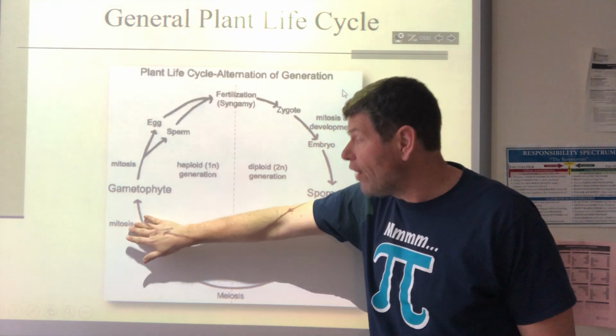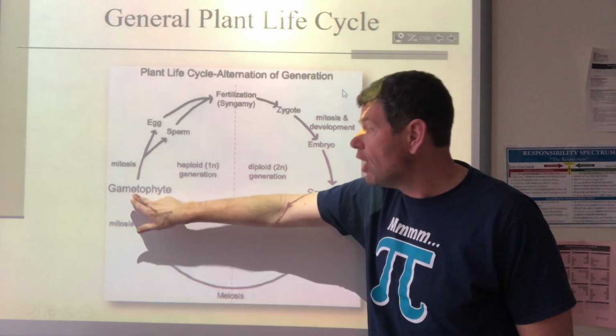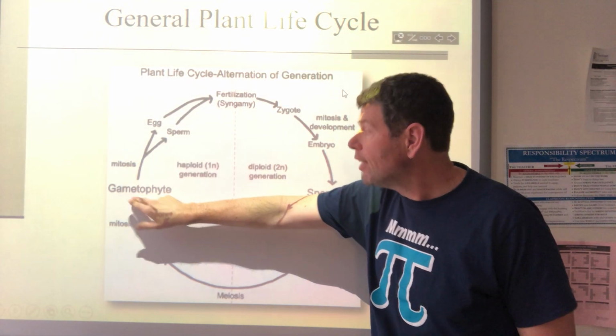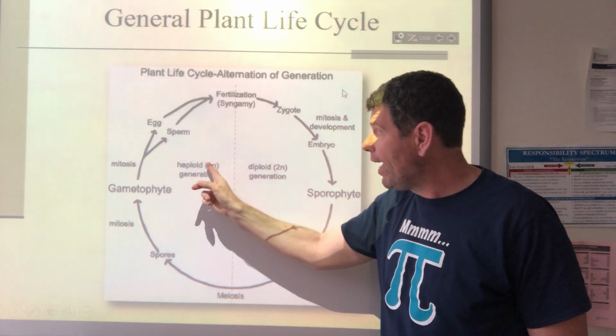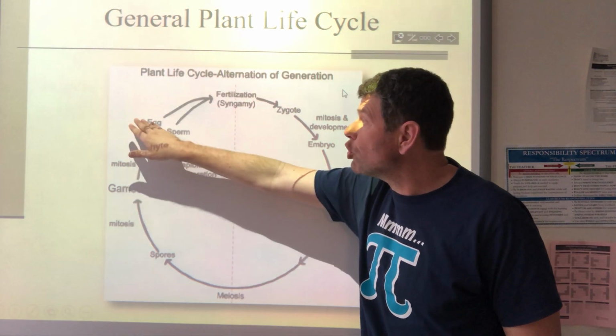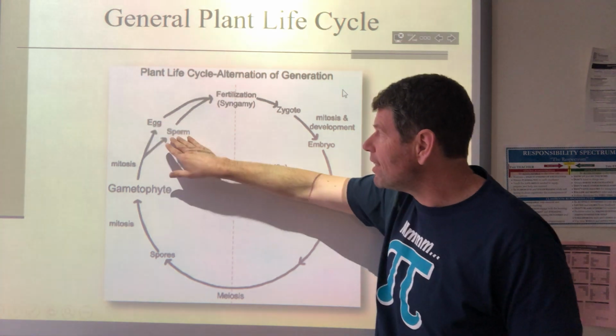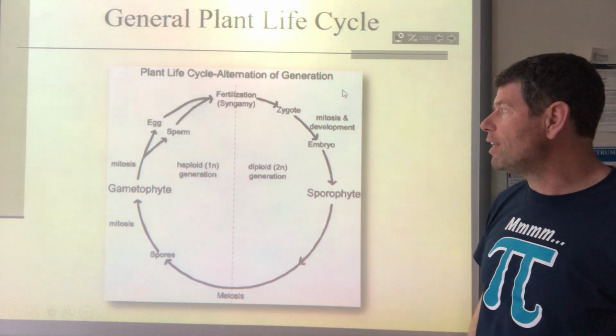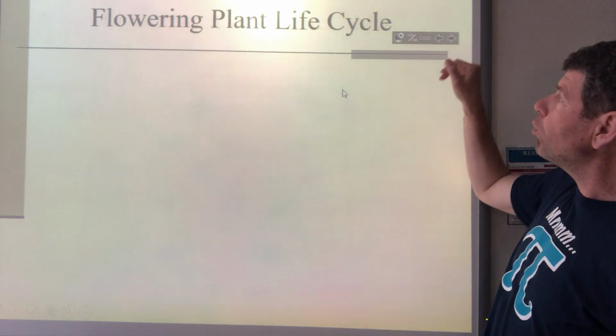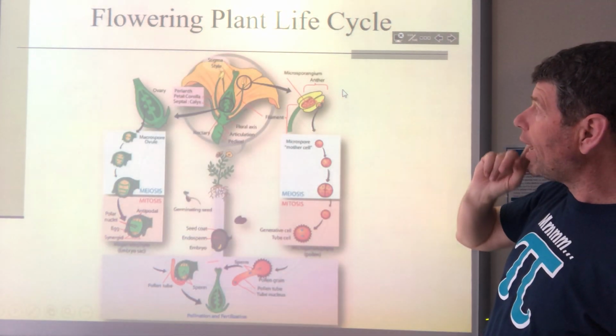The spores develop and grow by mitosis to form a gametophyte. Gametophyte, that's indicative that it's haploid, 1N. We go through mitosis to create some form of gamete, which comes together at fertilization to become part of this diploid side of things.